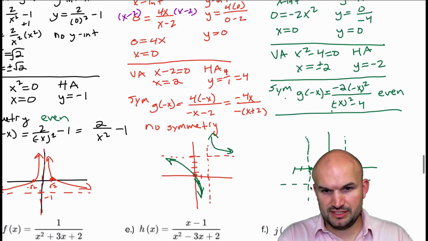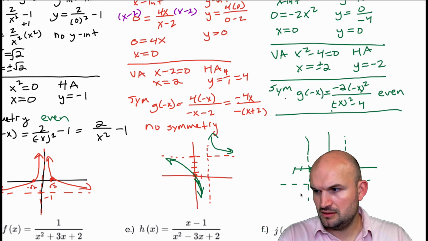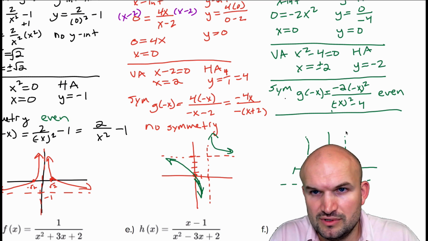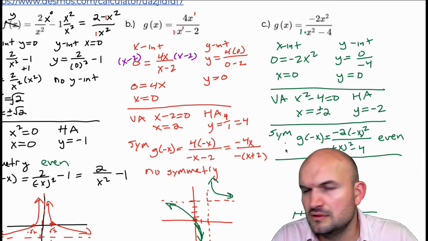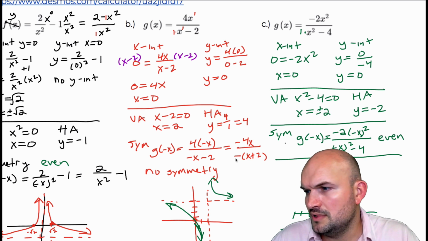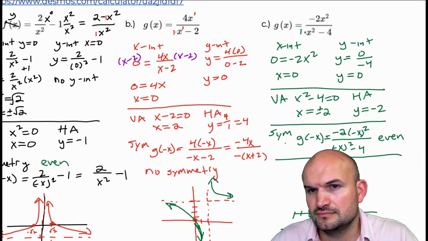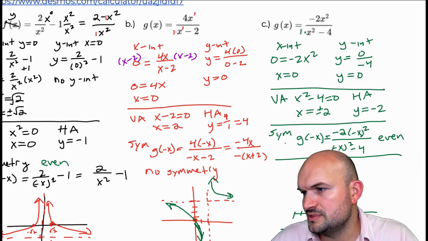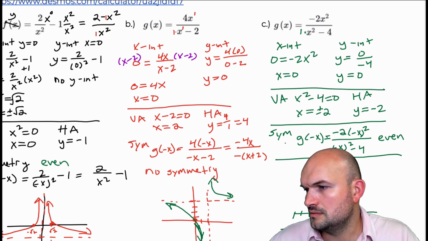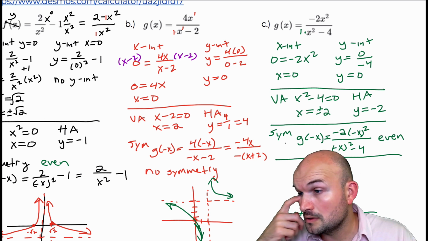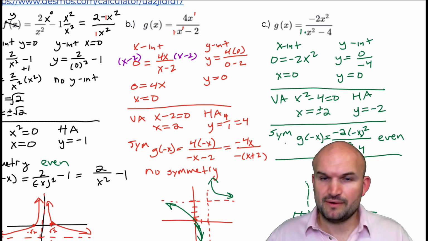Let's see here. That's not a horizontal asymptote at -2. Oh, wrong one. Shoot. There we go. Okay.